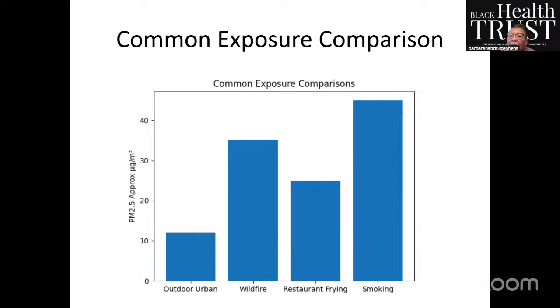But outdoor urban is at the lowest rate. Not surprisingly, wildfires are going to be high. We talked about what happens to the cooks in small kitchens with restaurant frying, but the maximum exposure rate is with smoking.